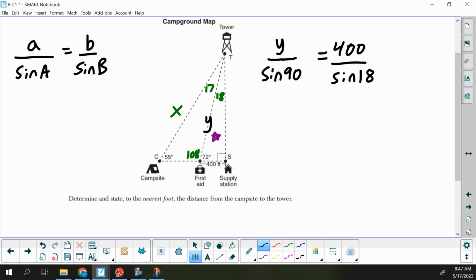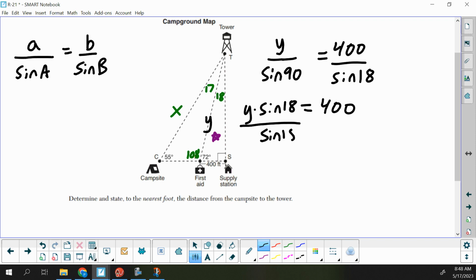We're going to cross multiply and solve for y, and then we'll do law of sines again in the left-hand triangle so we can find x. So we have sine of 18 times y equals, if we multiply those other two, 400. Now you'll learn next year that sine of 90 is just 1. That's why sine of 90 times 400 is 400.